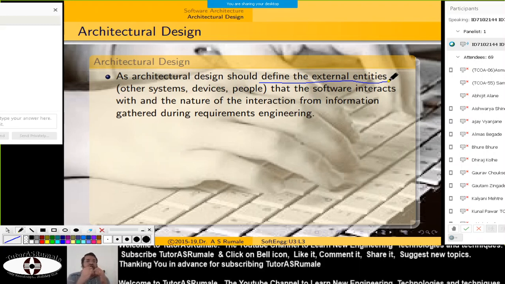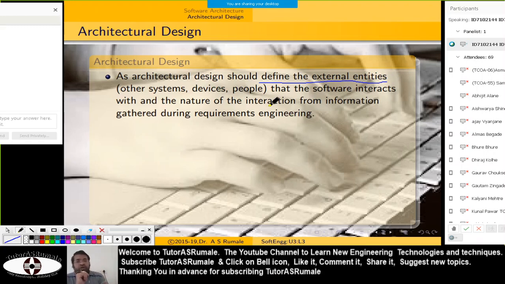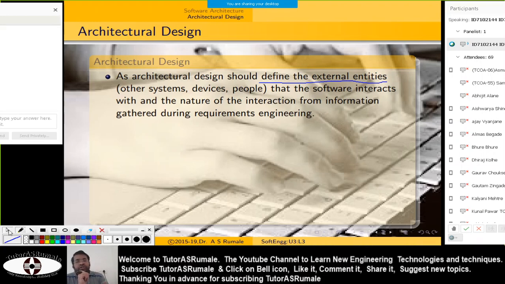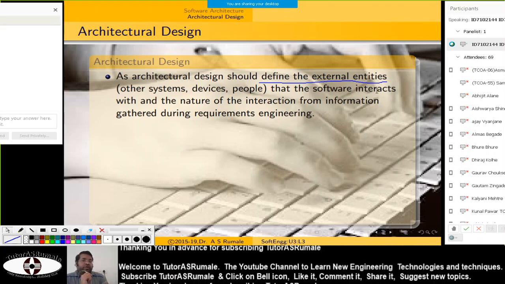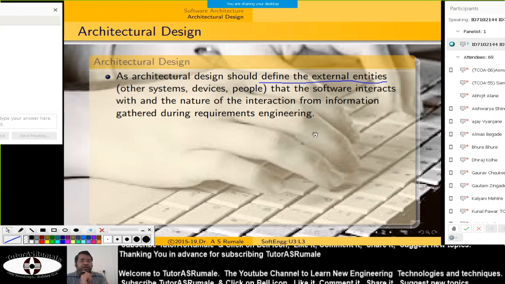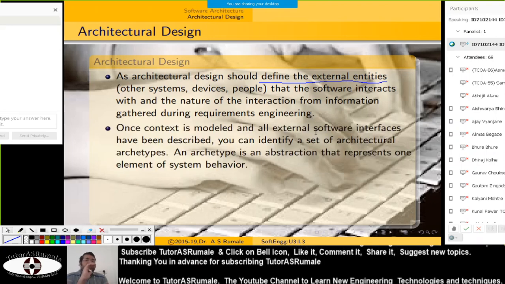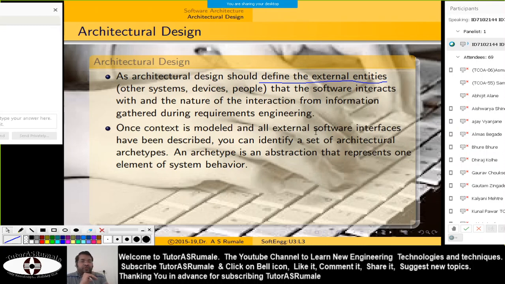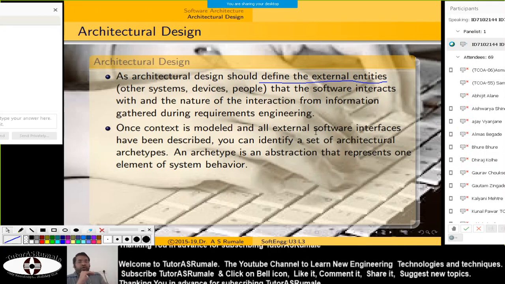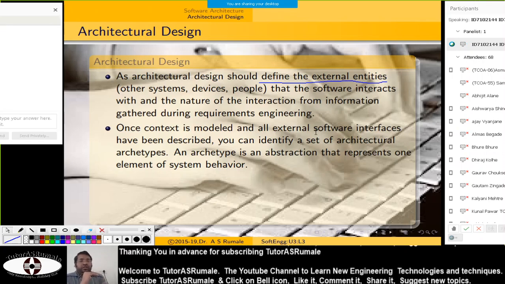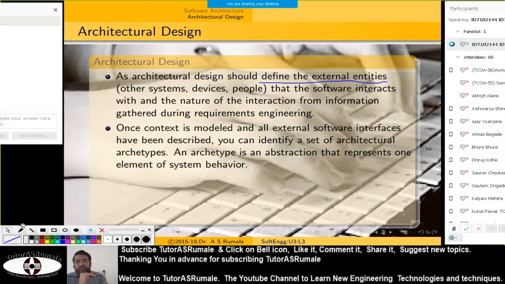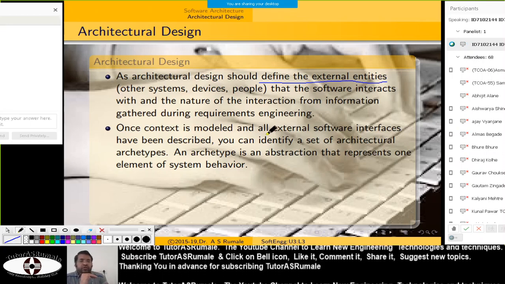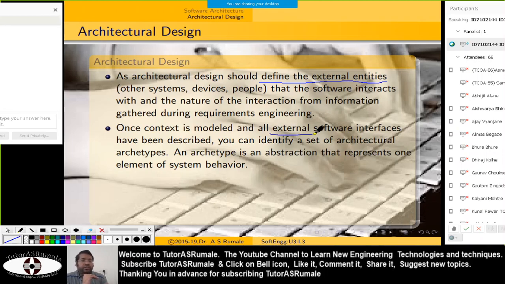That is the first thing architectural design must do, because it decides what type of software interfaces are required for the architecture. Once this context is modeled, that is, what are the external entities with which the software is going to interact, we can go for the design of all external software interfaces.